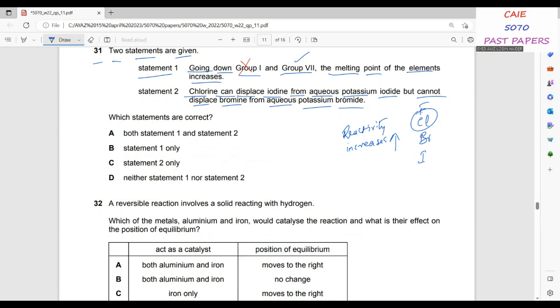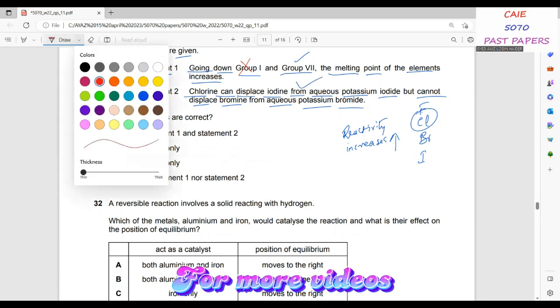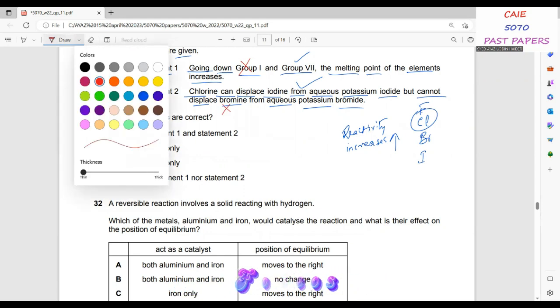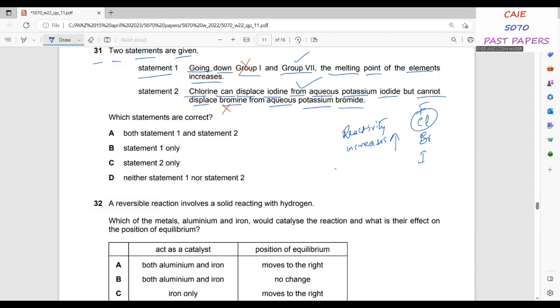So the second statement is wrong. The first statement is correct for group 7 but wrong for group 1, and the second statement is incorrect. Chlorine will displace bromine from aqueous potassium bromide. So which statements are correct? Both statements are incorrect. So we'll choose D, neither statement 1 nor statement 2.